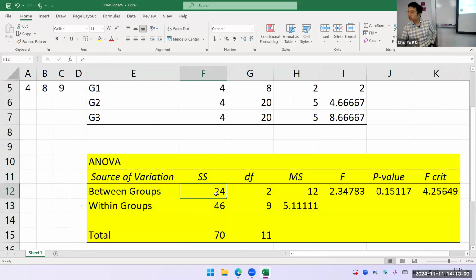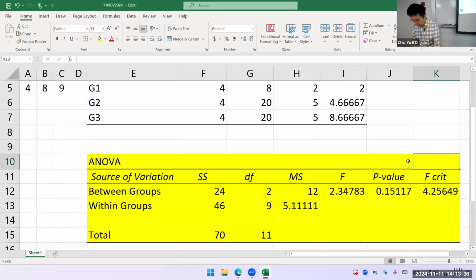This is SSG. The SST, you can see, adds up to give you this. This is N-1. This is C-1. This is N-C. This column over this column gives you this column. This entry over this entry gives this value. This is the p-value, this is the critical value.